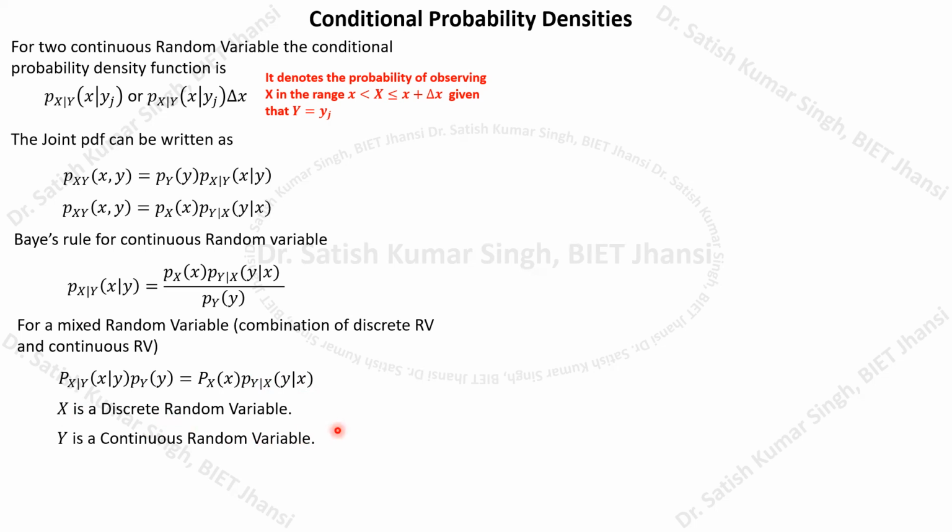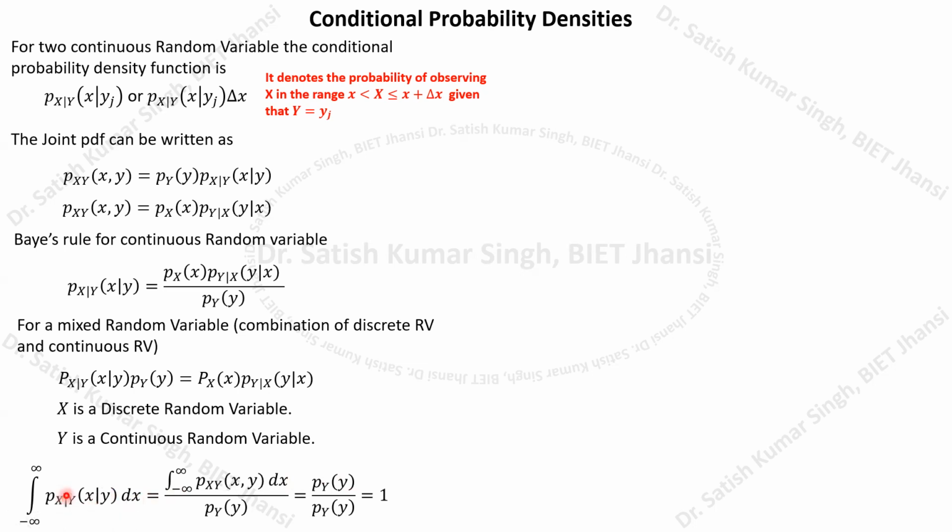As I explained for the discrete random variable, if we have any conditional probability, we could do the summation over all the conditional probabilities, and that summation was equal to 1. A similar expression we can also get in the case of continuous random variables.